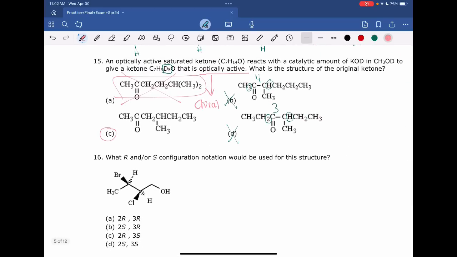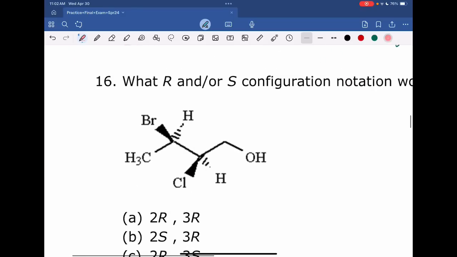This is just another R and S question, so let's assign R and S. I will do the one on the left first. So 1, 2, 3. This is going clockwise, so it's R. So let's do that.